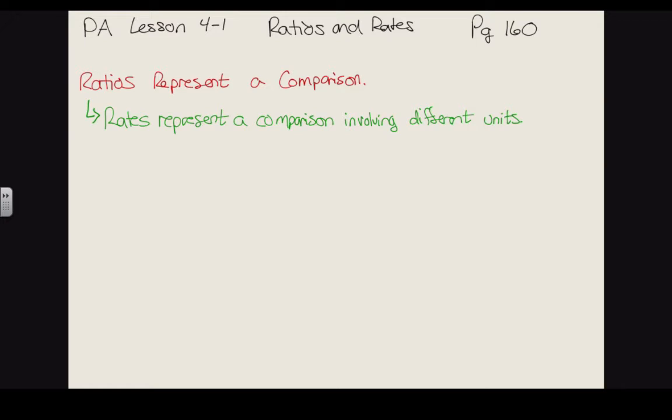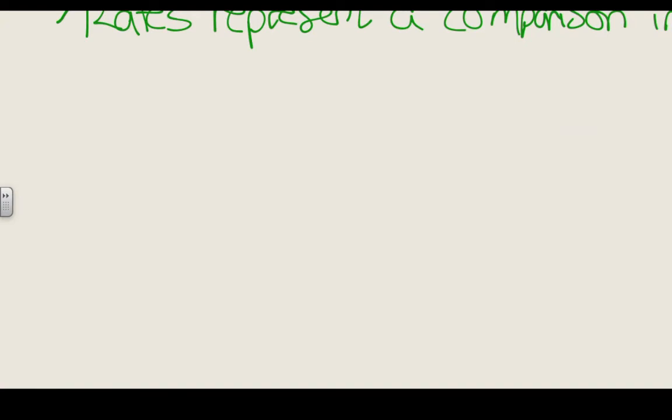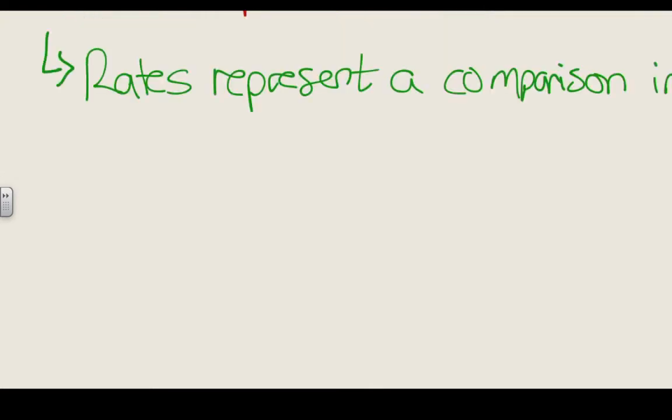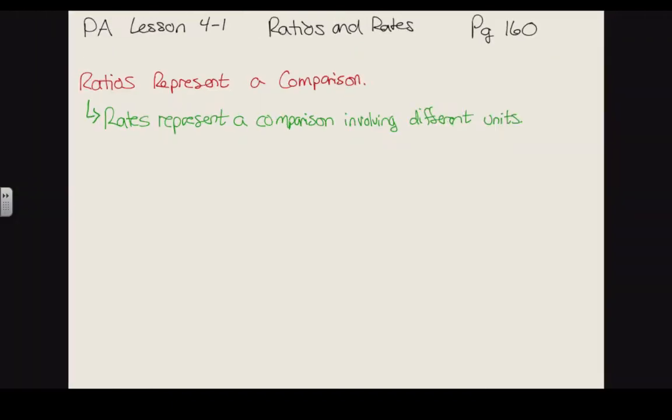All right. Let's start with a simple example of a comparison, because in order to use a ratio or a rate, we need a comparison. We're going to zoom out here a little bit. Let's make a comparison.